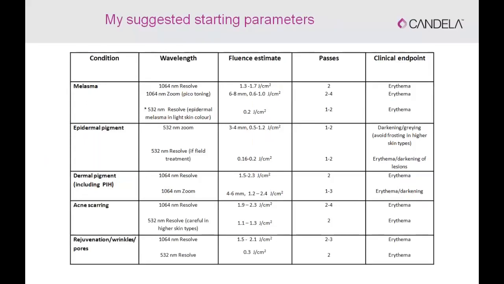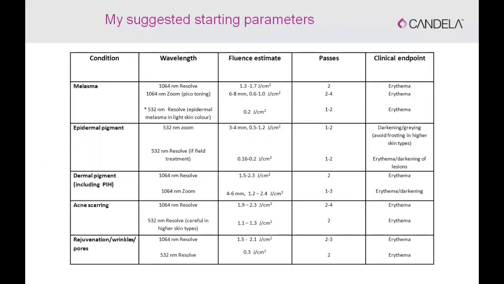If we move on to epidermal pigmentation, as I mentioned, it would require the 532 nanometer wavelength, and for that I use the Zoom handpiece with these spot sizes, and I start with the lower fluence that would give me the clinical endpoints. But you can see there is a wide range of starting fluence, and again, that depends on the concentration of the chromophore and the background skin type.